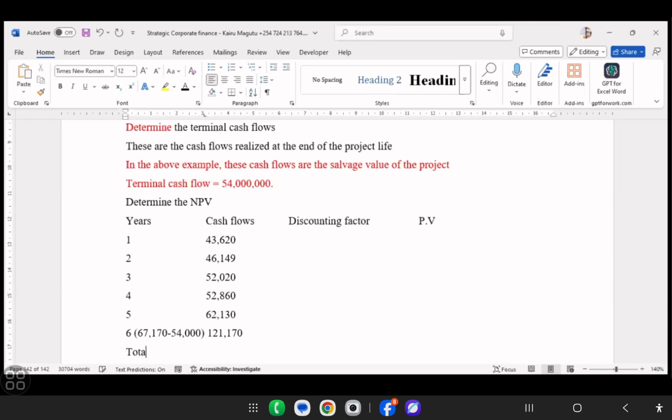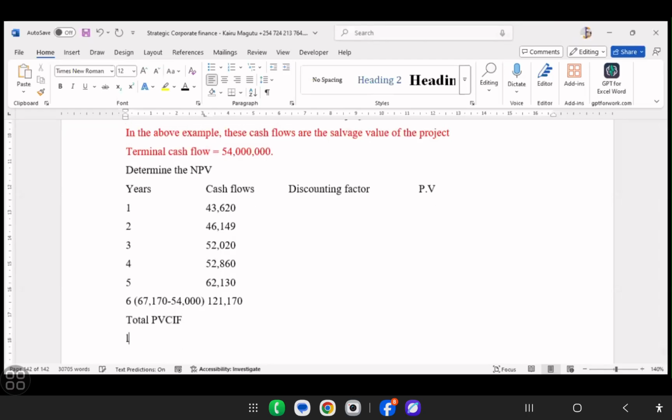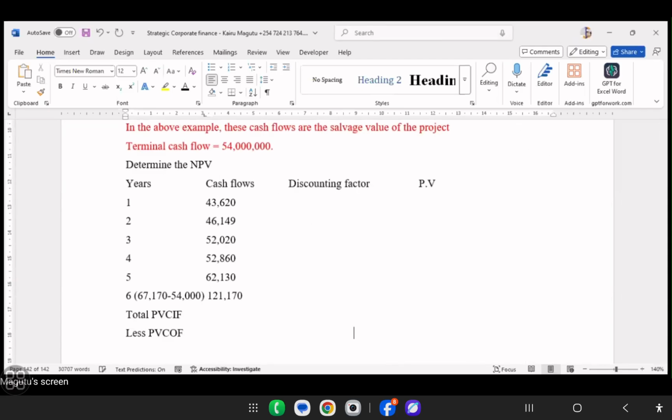Total present value of cash inflows less the initial capital, or less present value of cash outflow, coming at a discounting rate of 15%.